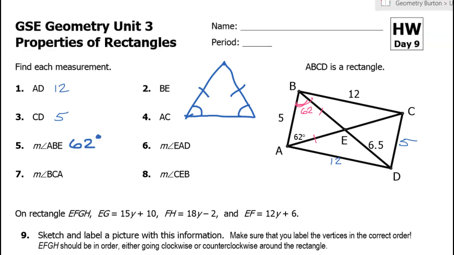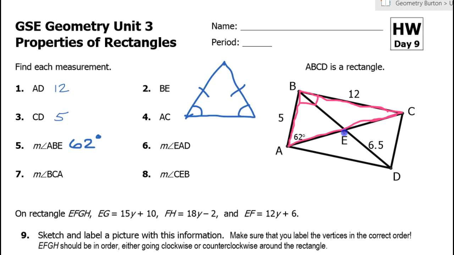Now how about the measure of angle BCA? Angle BCA is this angle right here. There are several ways I could find out what this angle is. Here's one way. I could look at the right triangle that I'm about to highlight for you now. Because this is a rectangle, all of the angles are 90 degrees.